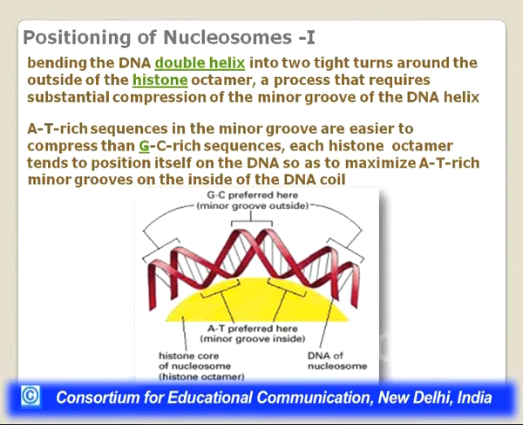This gives a kind of specificity for the positioning of the nucleosomes on the DNA, because the octamer prefers the AT-rich minor grooves with which it interacts, and it puts the GC-rich minor grooves towards the outside. This is how the nucleosomes are positioned on the DNA double helix.